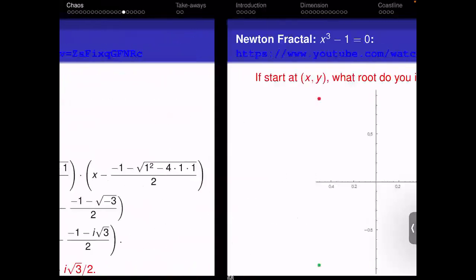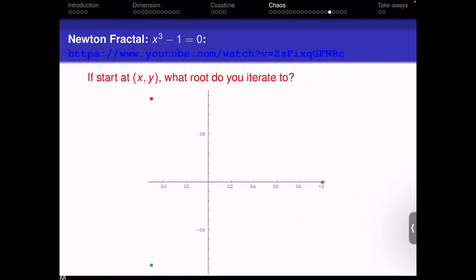So we can apply Newton's method to these 3 roots. I'll call them red, blue, and green. Which points do you think converge to the blue root? Which do you think converge to the red root? Which do you think converge to the green root? Anybody want to make a guess or conjecture? Any point to the right of the y-axis the blue root?